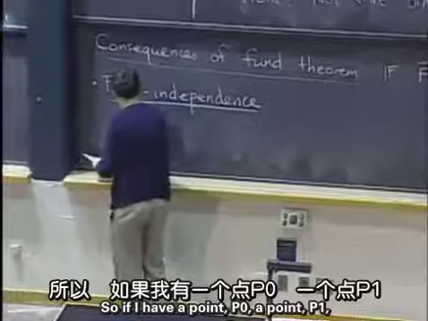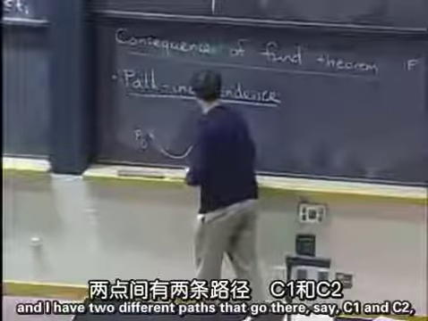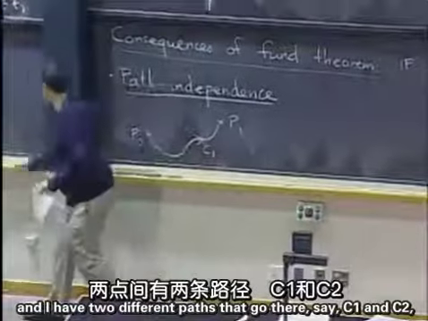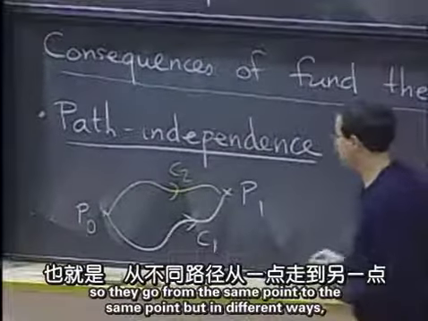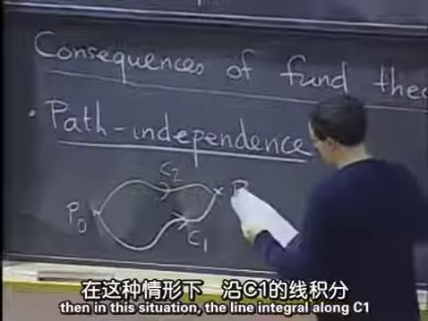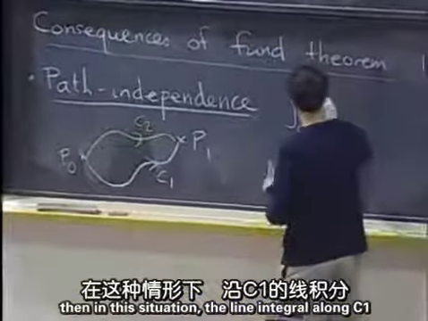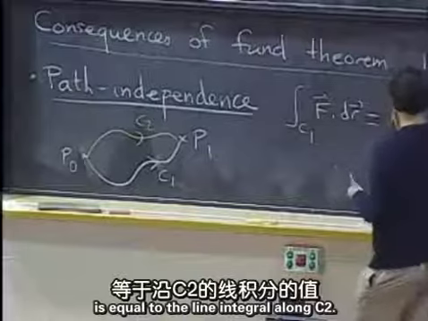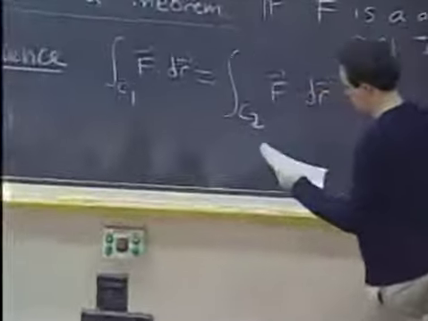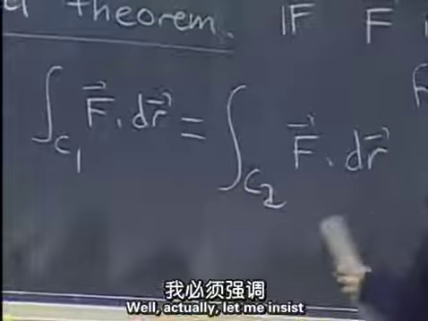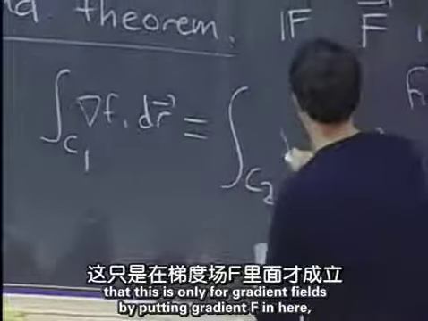Okay, so if I have a point P0, a point P1, and I have two different paths that go there, say C1 and C2, so they go from the same point to the same point, but in different ways, then in this situation, the line integral along C1 is equal to the line integral along C2. Well, actually, let me insist that this is only for gradient fields by putting gradient f in here.